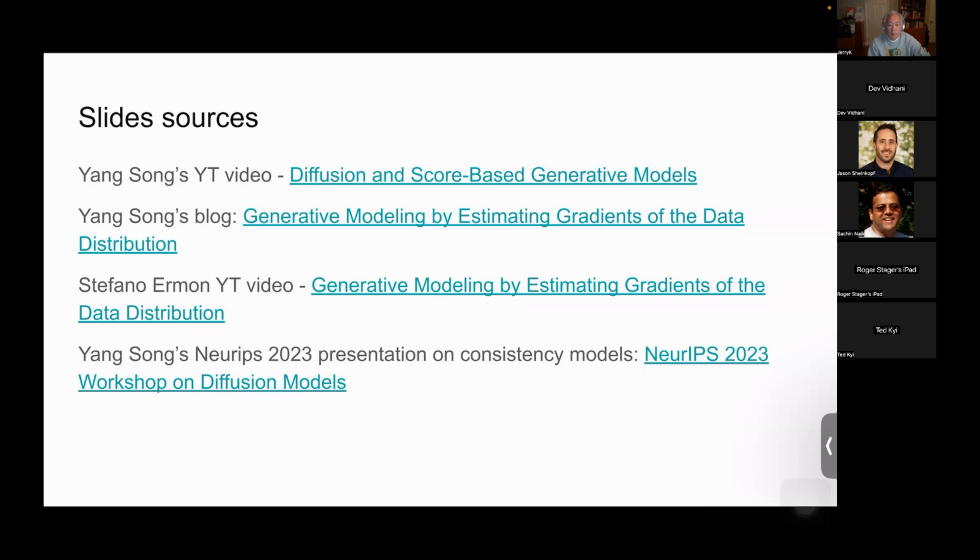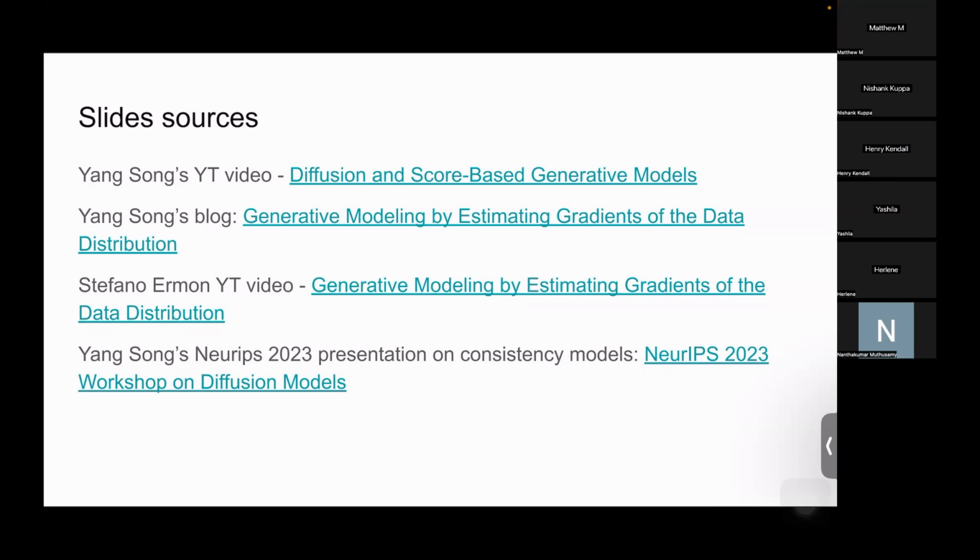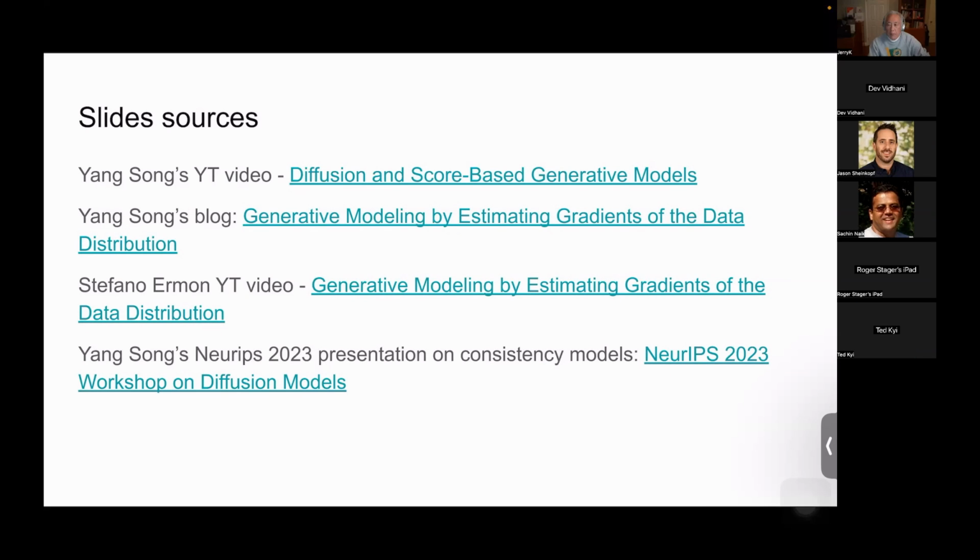There was a Stanford professor, Stefano Ermon, who has a great presentation on the score matching part of it, and the original Langevin dynamics-based image generation model. And then for the consistency models, I have relied also quite a bit on Yang Song's NeurIPS presentation in 2023.